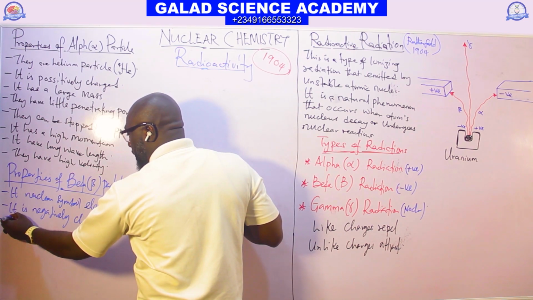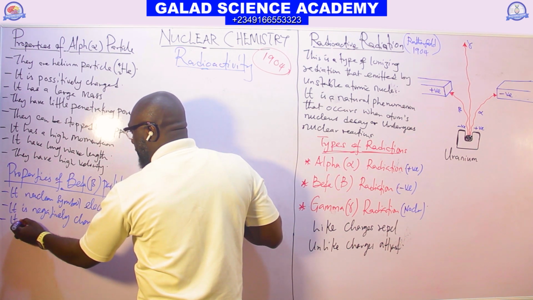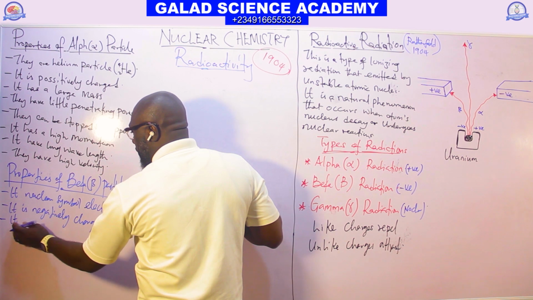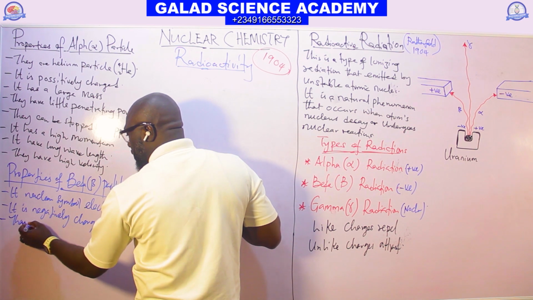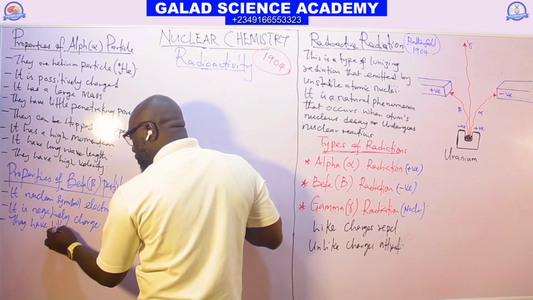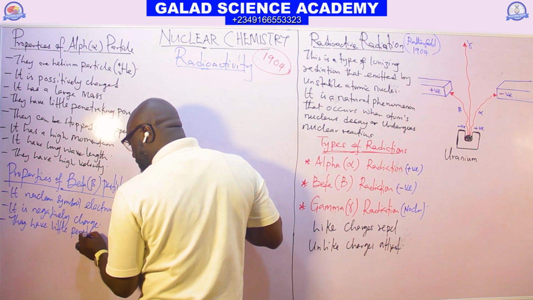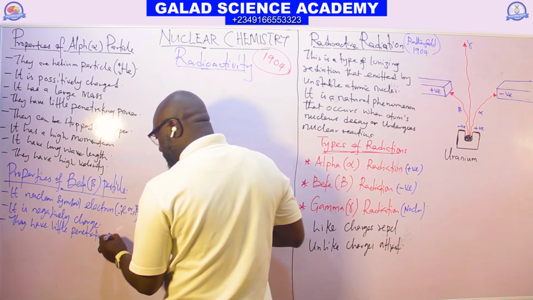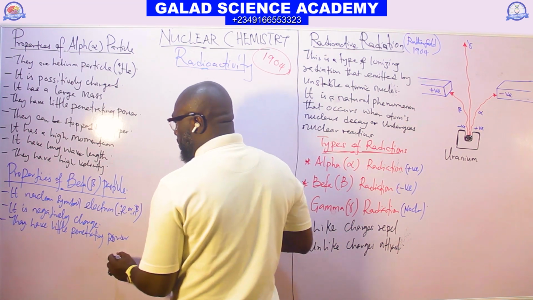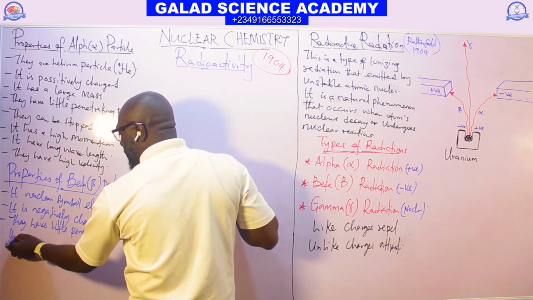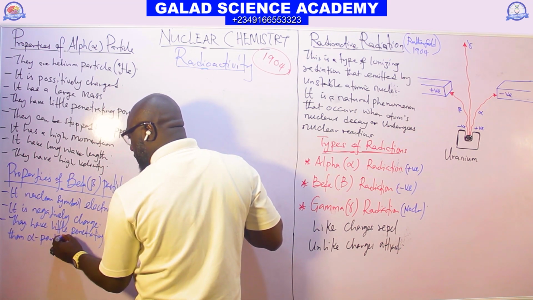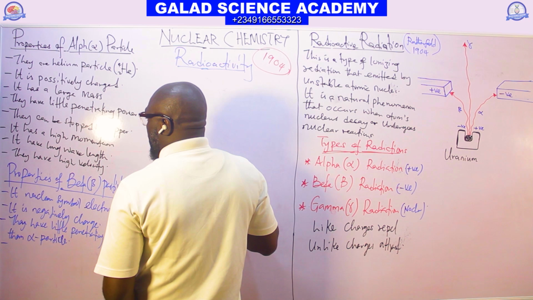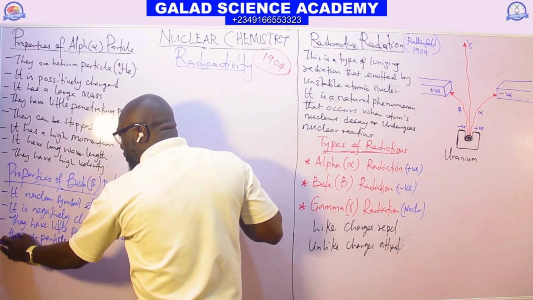Beta particles have little penetrating power than alpha particles, and they can be stopped by an aluminum block.